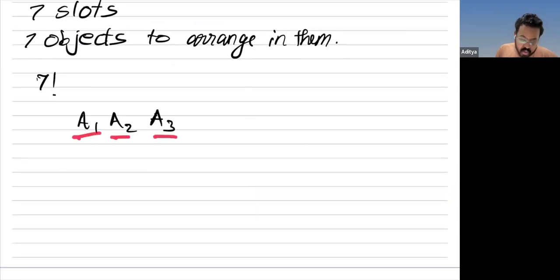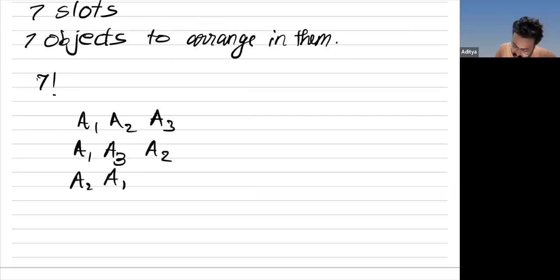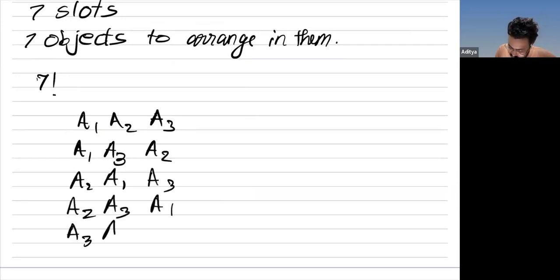If you have A1, A2, and A3, the ways to arrange them will be A1, A2, A3; A1, A3, A2; A2, A1, A3; A2, A3, A1; A3, A1, A2; and A3, A2, A1. These will be the 6 ways to arrange them, or in other words, 3 factorial ways, sorry.